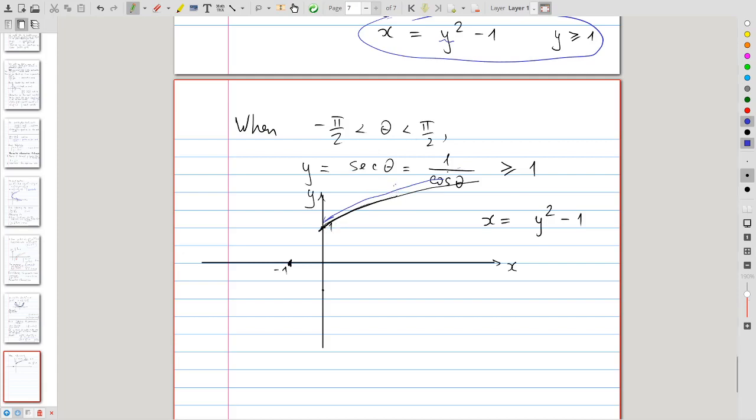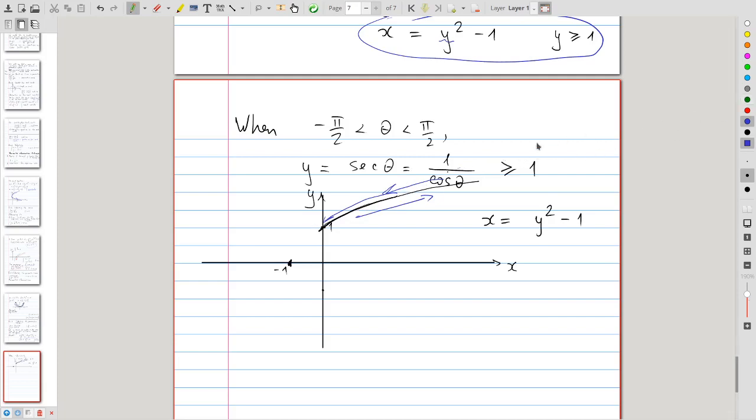And so after our particle came from infinity towards this point on the curve, then when theta grows from 0 to pi over 2, it works its way backwards all the way to infinity. So this piece of horizontally oriented parabola is covered by our particle twice.